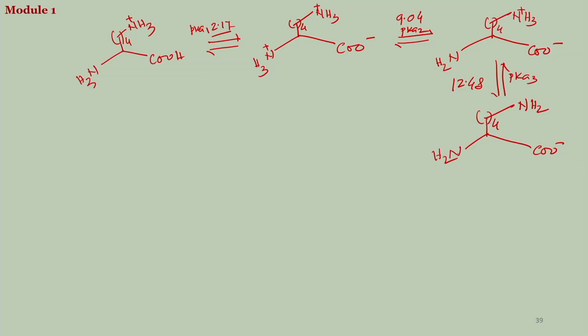Again, you try to find the zwitterionic form by calculating the charge. This has a net charge of +1, plus this is plus, so this is +2. Here you have +1, 2 positive, 1 negative. Here you have 1 negative, 1 positive. This is your 0 charge, and in this case you have -1.